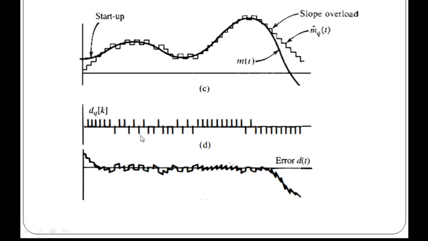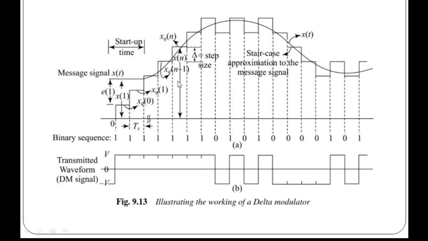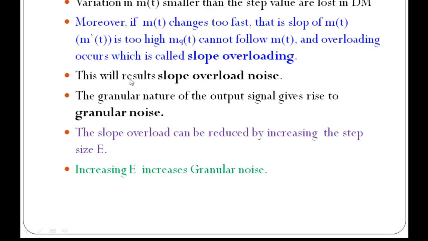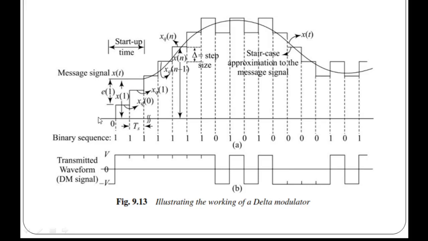So this is the signaling it will transmit, and the error is shown here, that is the difference of the original signal m(t) and mq(t). When the difference between the input signal and the approximated signal is positive, then 1 is transmitted. If the difference is negative, then 0 is transmitted.